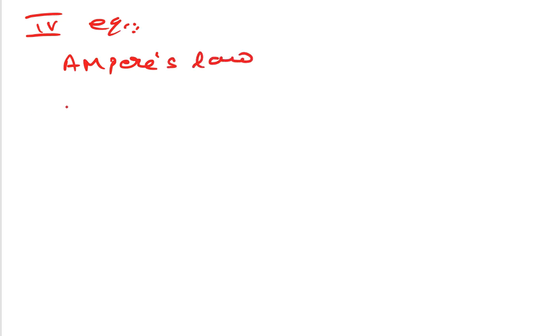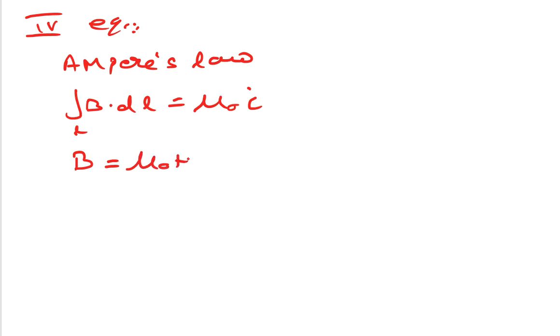We will continue with Maxwell's fourth equation. Maxwell's fourth equation is derived from Ampere's law. According to Ampere's law, the induction over a closed loop will be equal to mu naught times the current enclosed by the loop. Now, instead of B, we can write mu naught H, magnetic intensity.